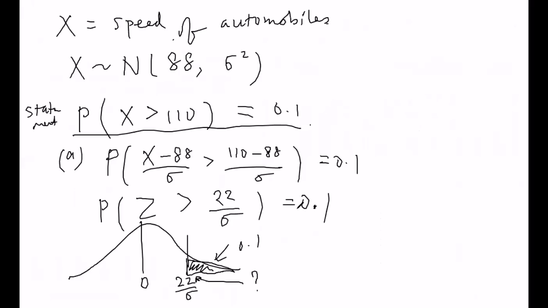So now you know that your 22 over sigma is 1.2816. Therefore, your sigma can be recovered. That allows you to work out what sigma is. Is that clear?